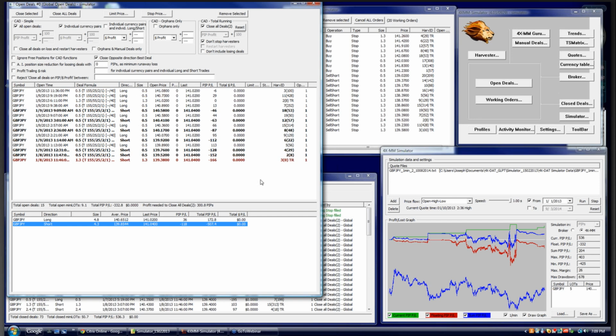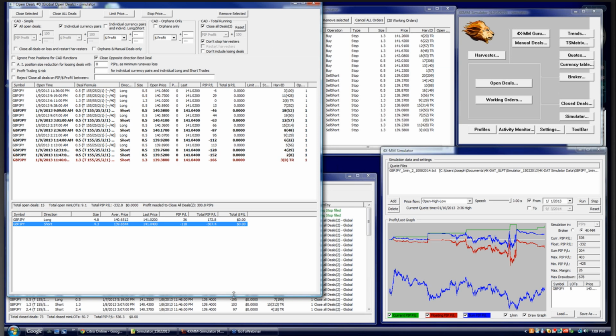All the harvesters that are working as a team are managing this entire group of trades, and we're going to be closing them one by one when the proper conditions in the market allow us to do that.